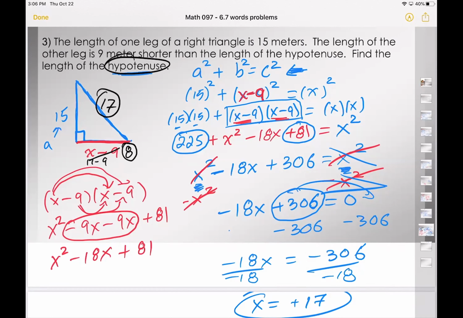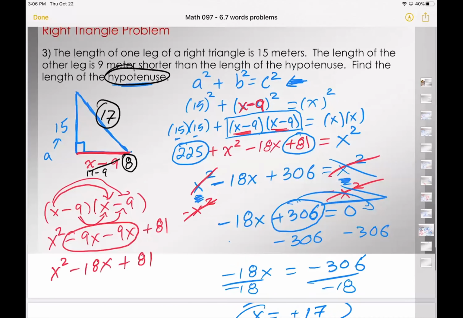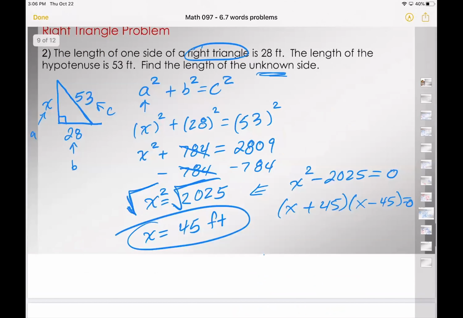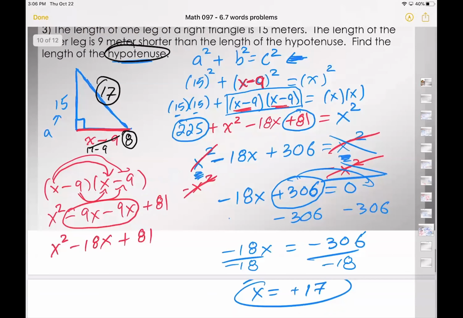Plug it in. If you have something squared, you need to FOIL them. If you don't have anything, you don't have to FOIL, right? So this item here, you don't have the x plus something or x minus something, so you don't need to FOIL them. But down here, because you have an x minus 9 squared, we need to FOIL them out.